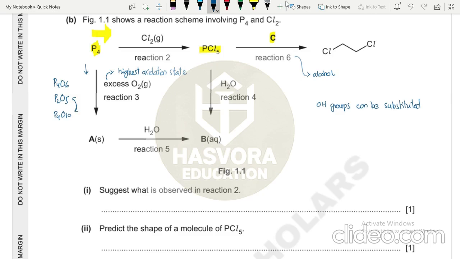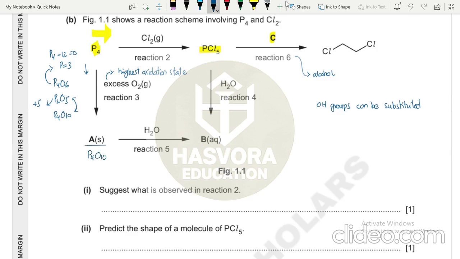These two are actually the same thing, just multiplied by 2, so the formula multiple does not matter for oxidation state. For P4O6, phosphorus 4, and then we have minus 2 times 6, which is minus 12, equals 0. So 12 divided by 4 gives plus 3. And in P2O5, we have minus 10 divided by 2, which gives plus 5. So the oxidation state is higher in P2O5. It means that P2O5 or P4O10 will be formed because there is excess oxygen. So this solid will be P4O10.